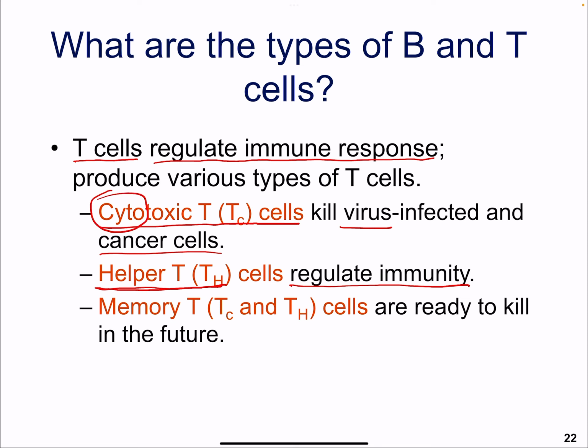Cyto means cell, toxic means toxic, right? So these cells are toxic for other cells. The memory T cells are just like memory B cells. They are going to be stored for future use.